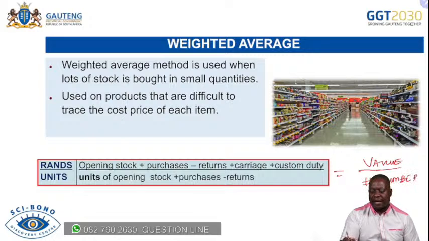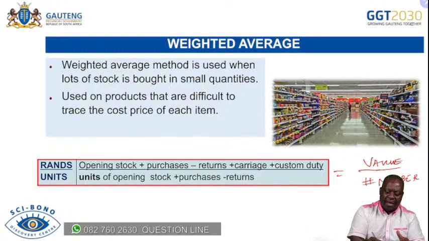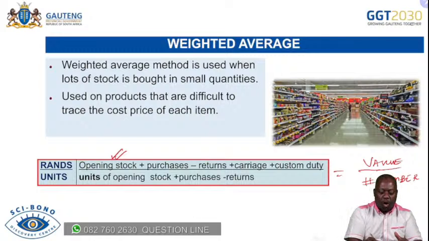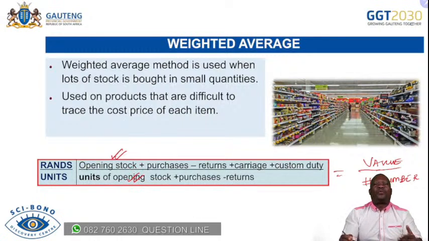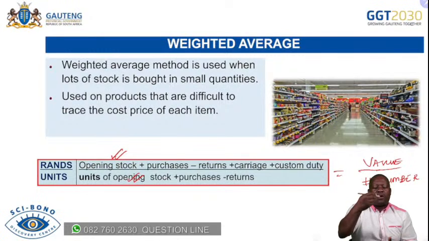So we need to know the number of items that we have in stock at the bottom and the value of the same items on top. Let's check what to do. We take the opening stock value on top, and below it we put the opening number of units.